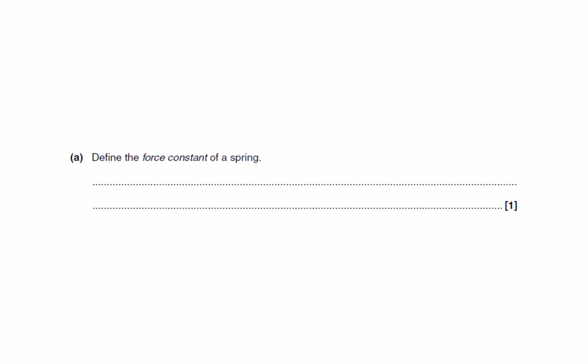So here we go with question 3. It's quite a beast of a question, but it starts off nice and simply, asking for a definition of the force constant of a spring. If we know that the force is proportional to the extension and the constant of proportionality is k, so that's the force constant, I can go F over x is equal to k.